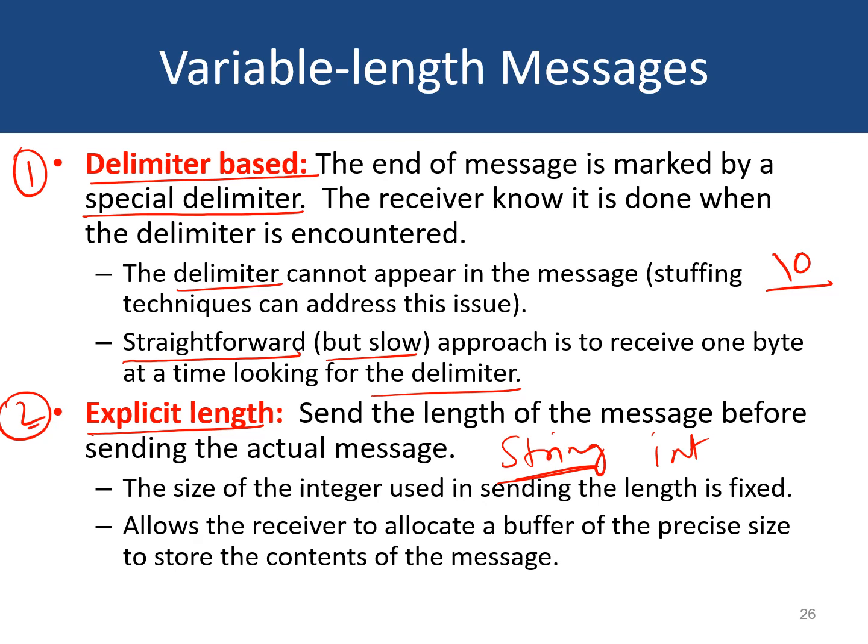So the receiver will always first receive an integer which will inform what is the length of the string to follow. Note that receiving an integer is not a problem for the receiver because the size of the integer is known, it is fixed. Once the receiver knows the size of the string, the receiver can allocate a buffer of precise size to store the contents of the incoming variable length message, or variable length string in this case.